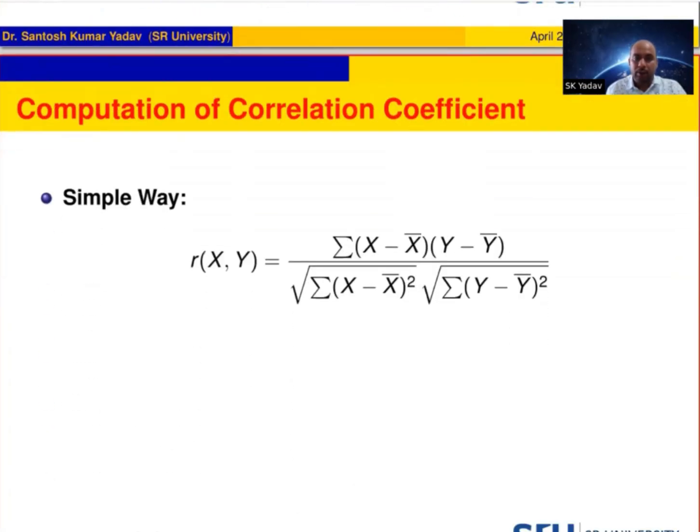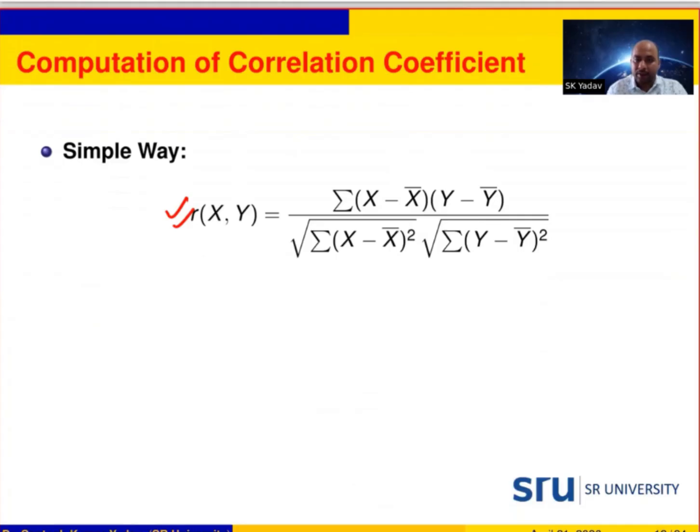Now let's come to the computation of the coefficient of correlation. Here we have written a very simple formula just by hiding this n. So here you see sigma of x minus x bar times y minus y bar, where x bar is the mean of x, that is the summation of x data divided by the number of data, and y bar equals the summation of yi divided by n, where i equals 1 to n, and n is the total number of data points.